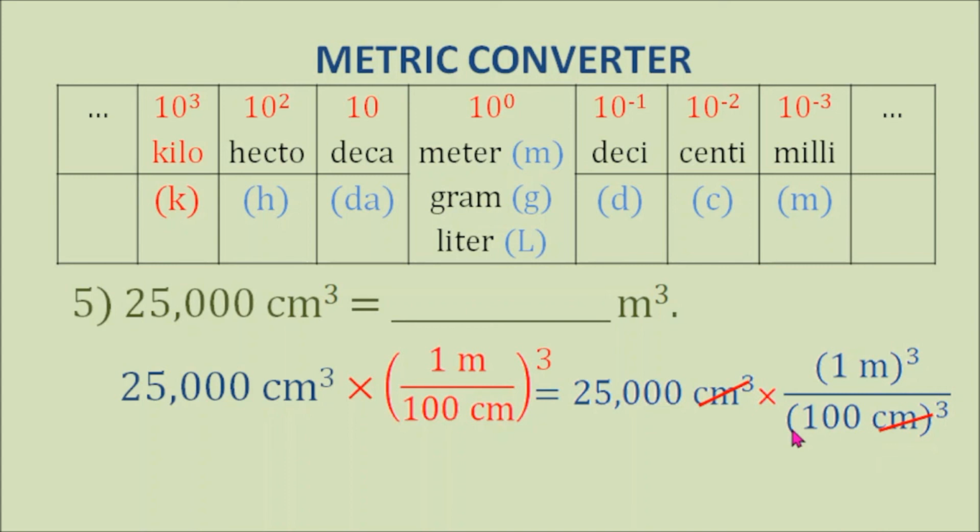And if we are going to raise 100 to the third power, it has 6 zeros. So that means we are going to move our decimal point 6 places to the left. So that's 1, 2, 3, 4, 5, and 1 more 0. And this is our answer, 0.025.